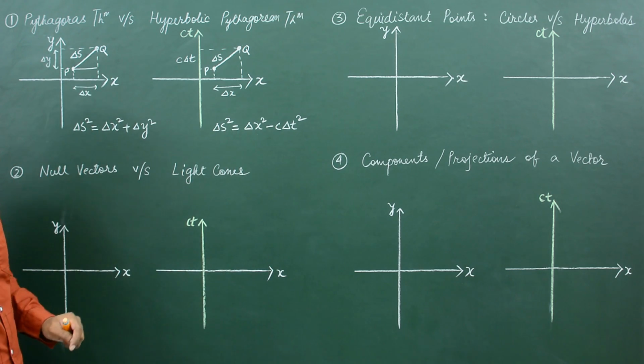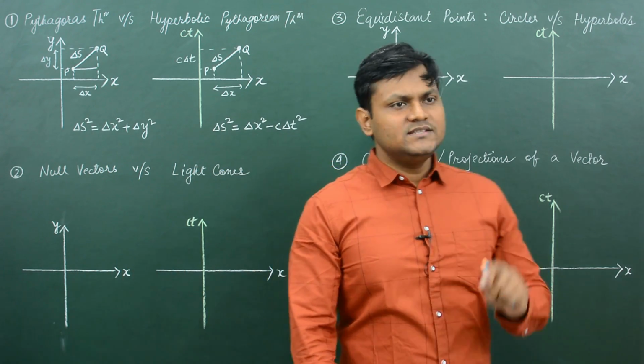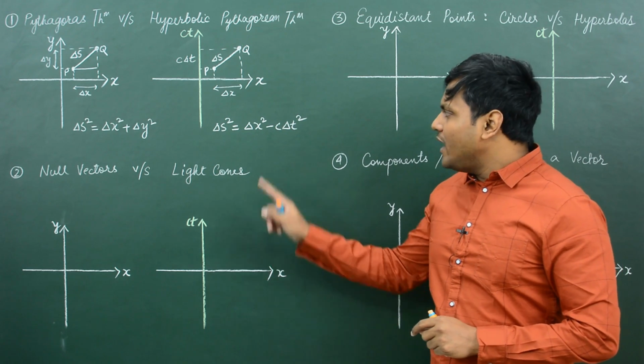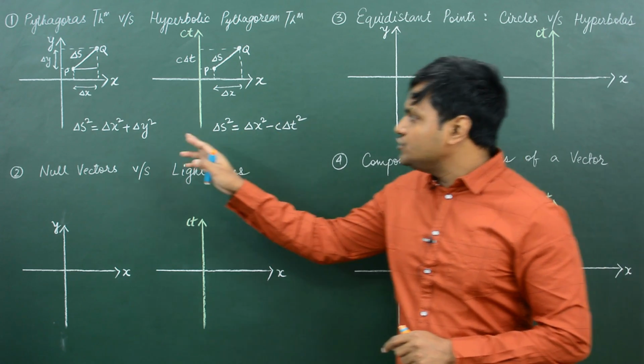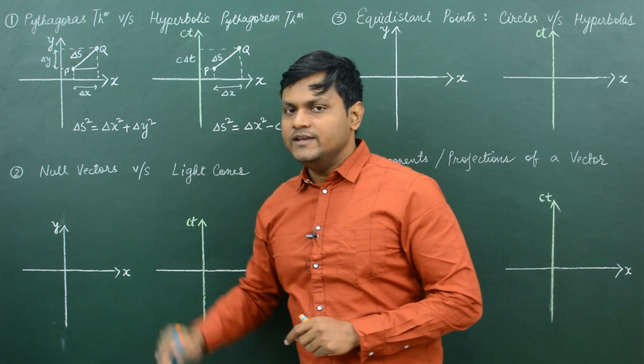Now, one of the questions that arises very commonly is, why is there a negative sign here as opposed to the positive sign when we measure the distance between 2 points in Euclidean space?